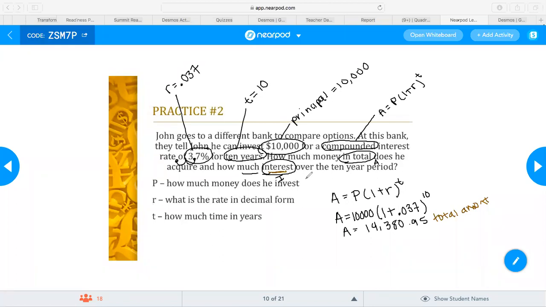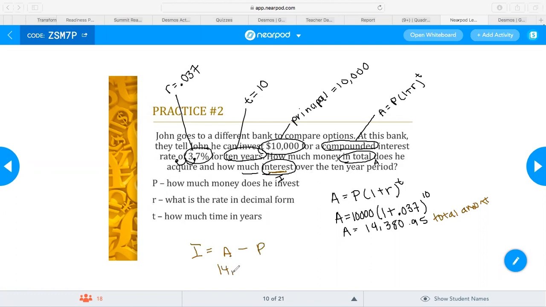Subtract. Okay, so I'll say it again. I invested $10,000. After 10 years, my account says $14,380. Well, to figure out how much extra was added onto that, I would subtract the two numbers. So to figure out the interest, I would subtract my total amount minus my principal.